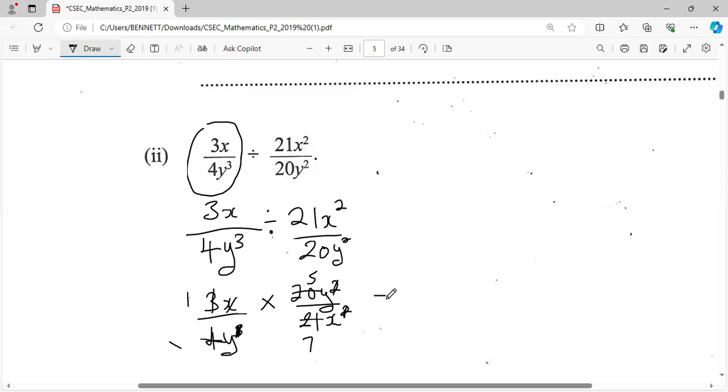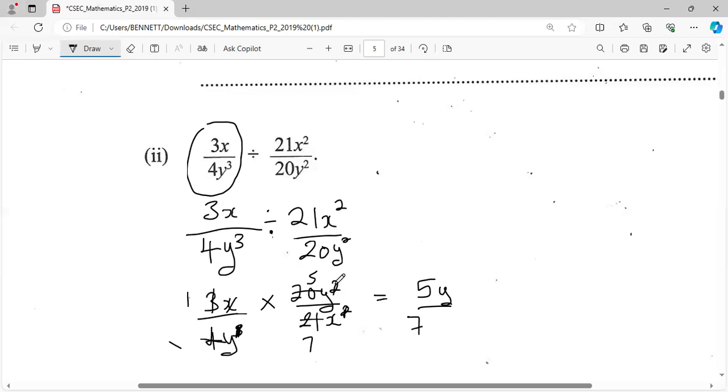So we have to look carefully now. We had cancelled out, so up the top we only have 5y. And then we have 7 and x. Oh, we cancelled out all the y.